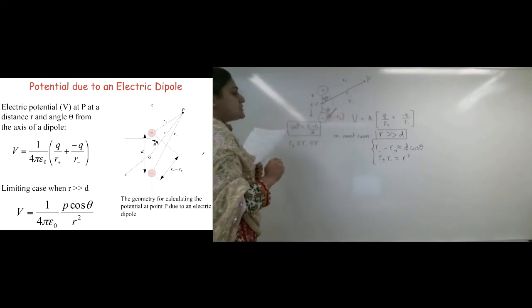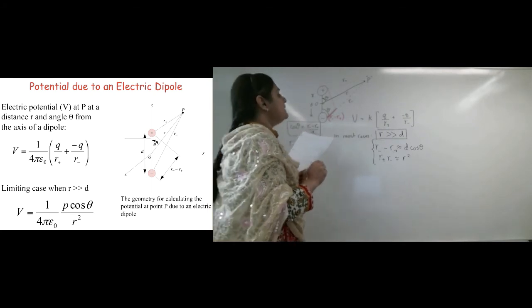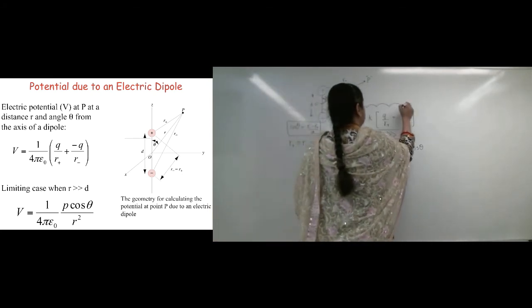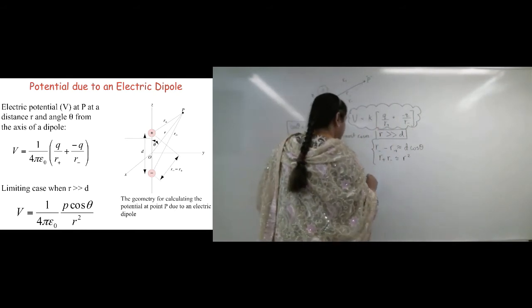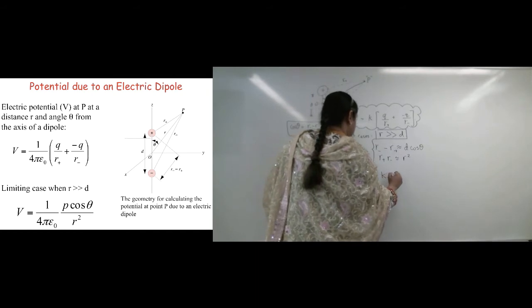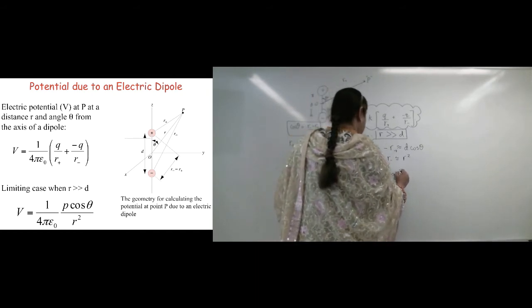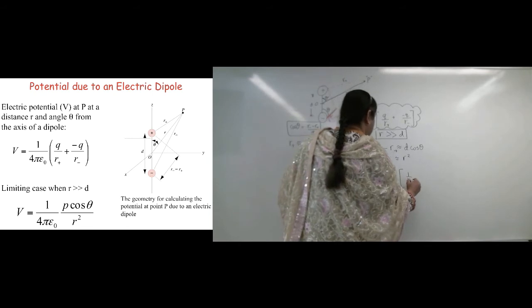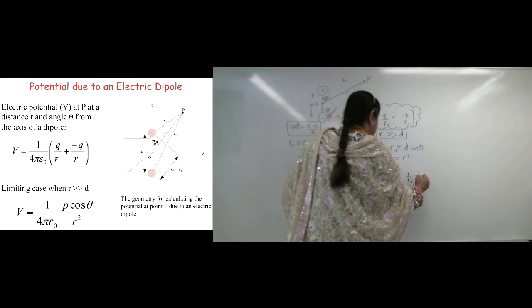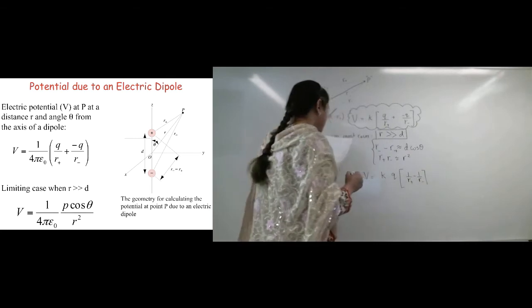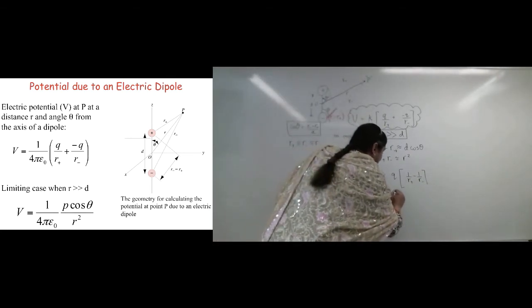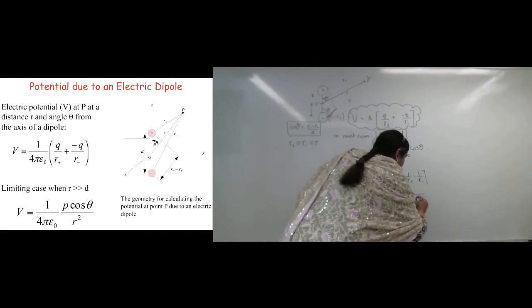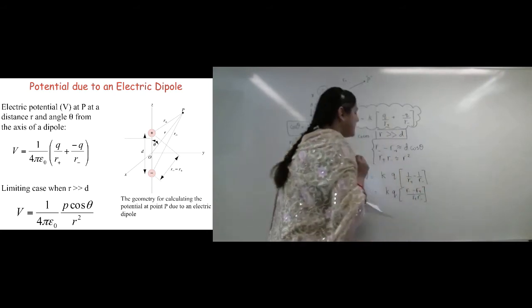So in that case, once we have that done, can I rewrite my expression and simplify it to give me kq times r minus minus r plus, over r plus times r minus, right?